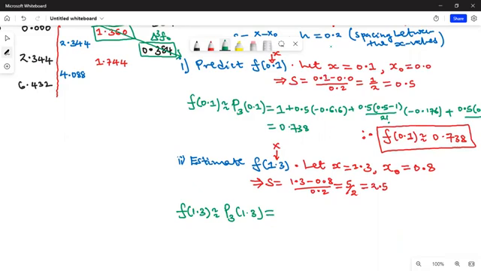That is 0.984. Then we have s times delta f naught. Our s is 2.5. Our delta f naught, we got 0.984. So write it here, 0.984.